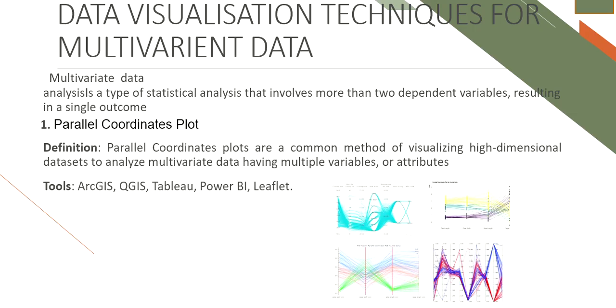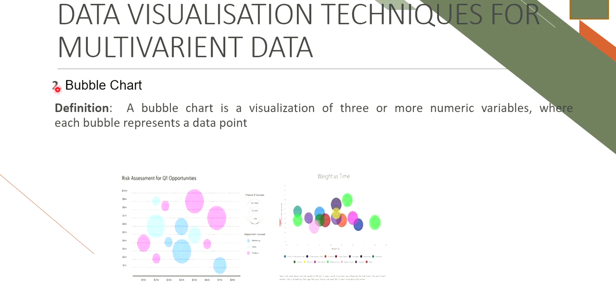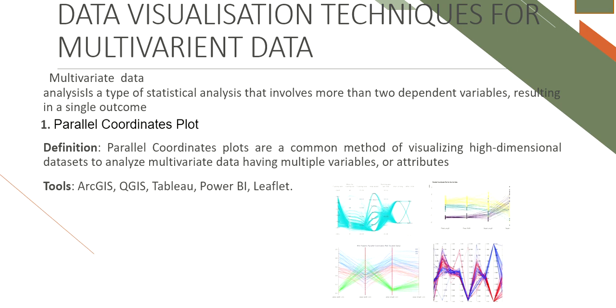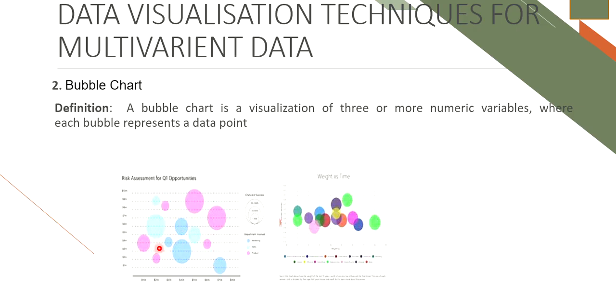Okay. So next, the second one is a bubble chart. A bubble chart is a visualization of three or more numeric values, similar to the previous one. Previously we had multivariate data in the parallel coordinate system, represented in terms of lines. But in a bubble chart, as the name indicates, instead of lines we are representing in terms of a bubble or a small circle.